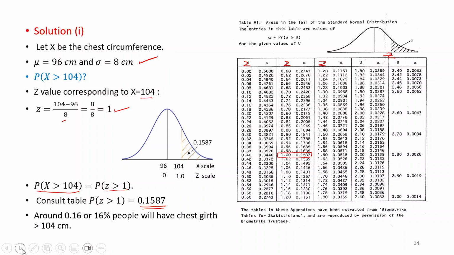So we write that around 0.16 or 16% of the people will have chest cut more than 104 centimeter. So there is no need to do any complicated integration. Nothing is required. This table is going to be of great help to us. You only need to know how to consult this table, what is the value of Z, and which area you are supposed to find out.